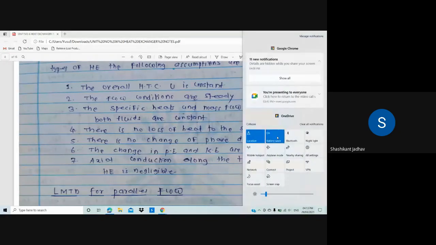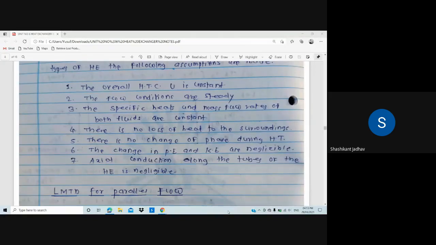So all of you write down, seventh assumption, axial conduction along the tubes of the heat exchanger is negligible.